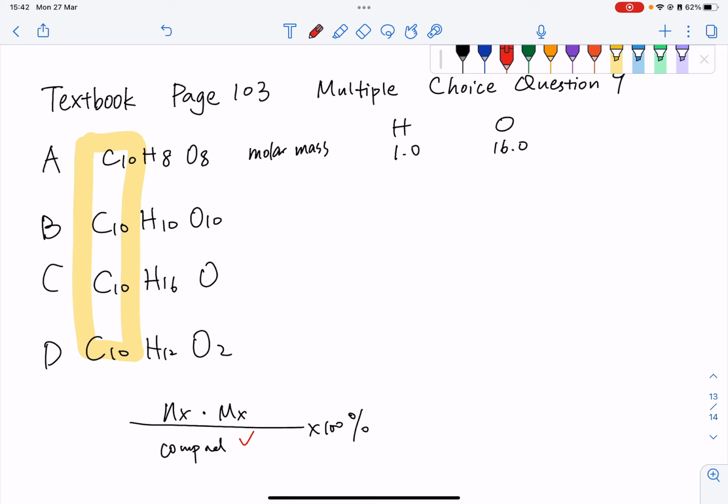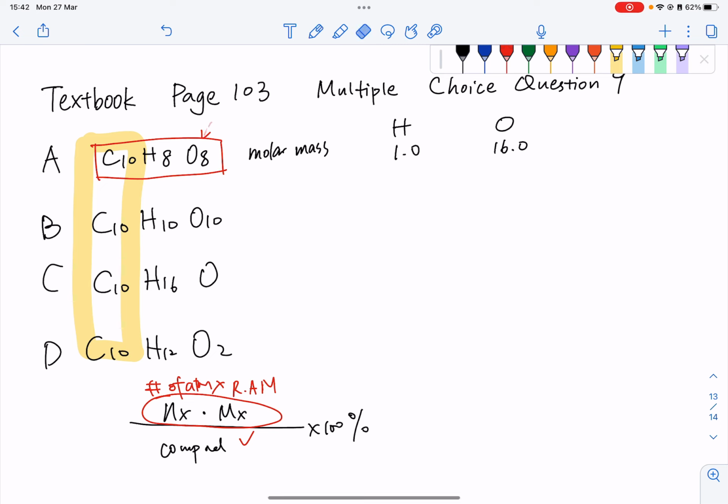For example, for the percentage of hydrogen here, the compound is C10H8O8. And if I calculate the percentage of oxygen, the compound should always be this one, right? This is the same. So the only thing we need to compare is the relative atomic mass times the number of atoms here, right?